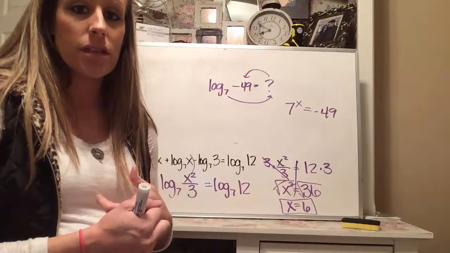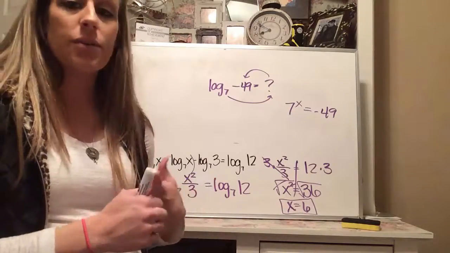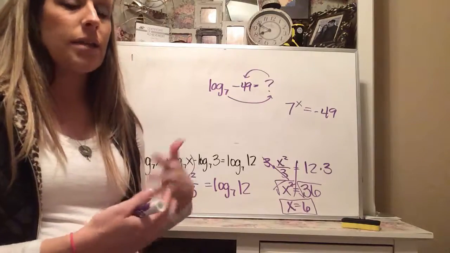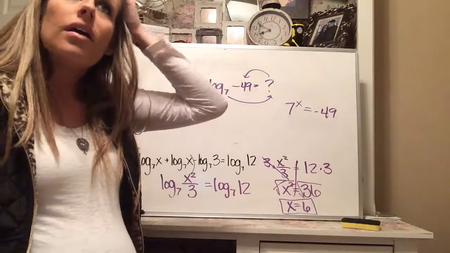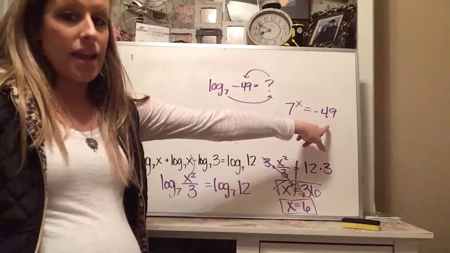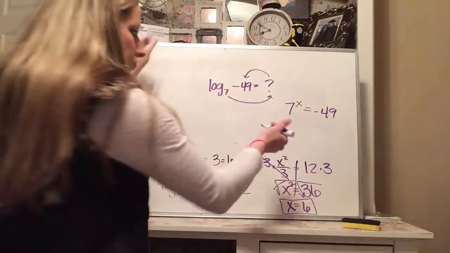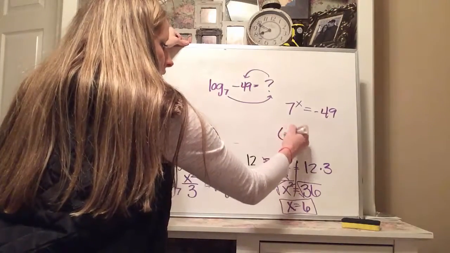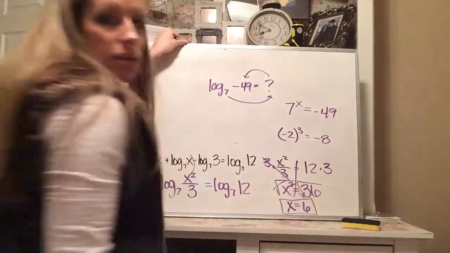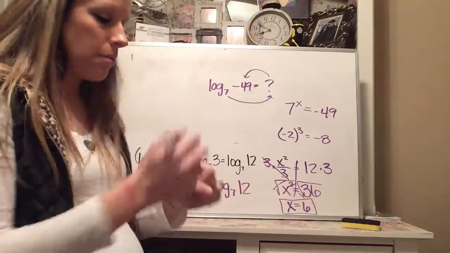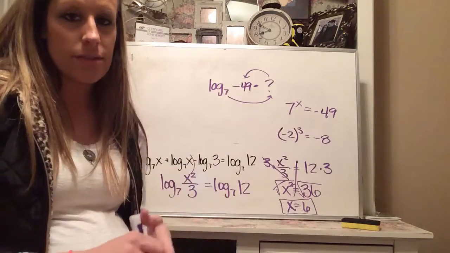Negative exponents will just flip it to a fraction. 0 will give you 1, and any positive number will give you a positive answer. So the only way you could get a negative answer is if you have a negative base. Like if I had -2 cubed, that would give me -8. Okay, that's possible. But there's no way to get a negative answer from a positive base.